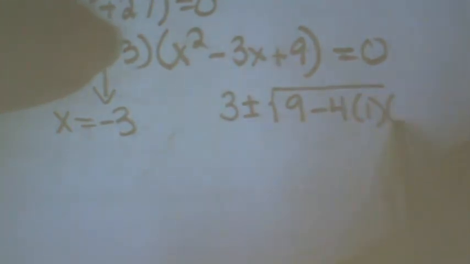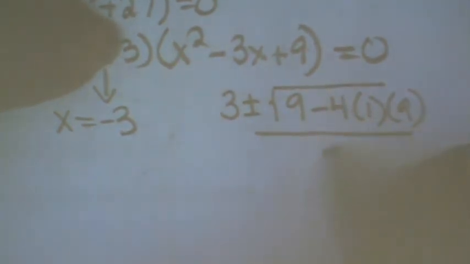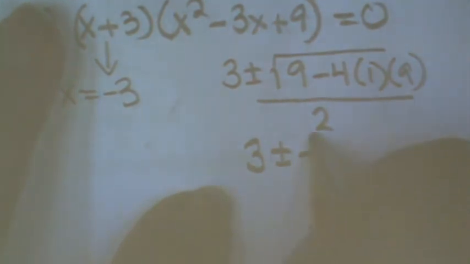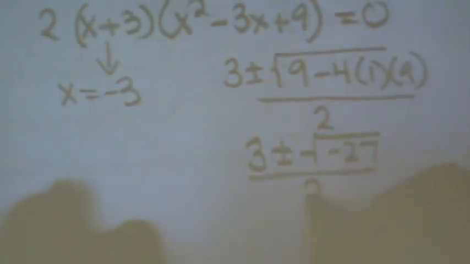The other one, what we have to do is negative b plus or minus the square root of b squared minus 4 times a times c, all over 2 times 1, which is 2. So we have 9 minus 36, which is negative 27, so it's 3 plus or minus the square root of negative 27 over 2.